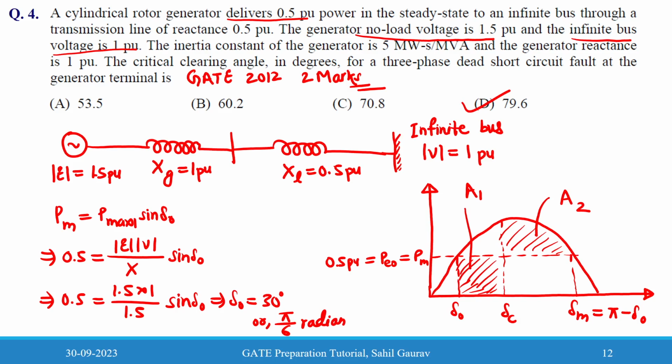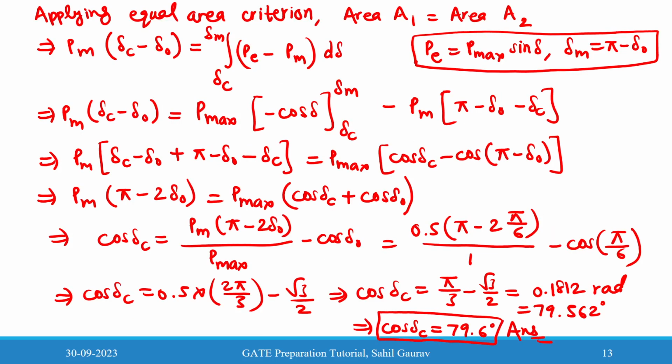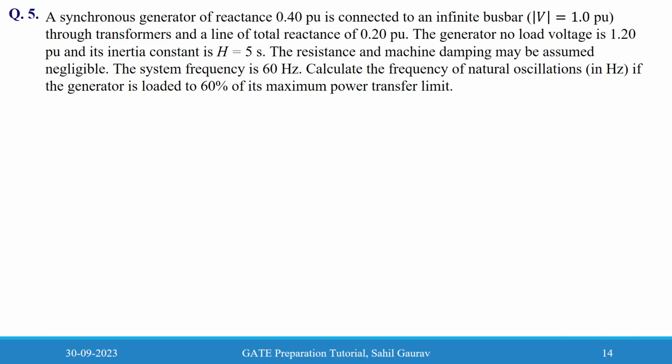So now we are going to see the last problem of today's session. This problem says that a synchronous generator of reactance 0.40 per unit is connected to an infinite busbar, magnitude is 1.0 per unit, through transformers and line of total reactance of 0.20 per unit.